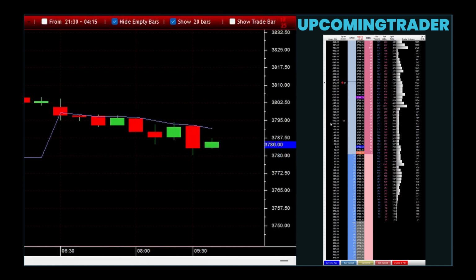The three outside down pattern is a bearish candlestick formation that can signal a potential reversal or continuation of the current trend, depending on the context in which it appears. To understand how this pattern works, let us break down its characteristics. The pattern starts with a bullish candle, suggesting that the current trend is upward.